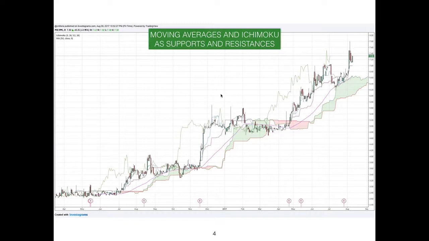Let's check out this chart of PPC. We find at this area there's an SMA 50 line. There's also a kumo top or the Senkou A line. That's our box 1.